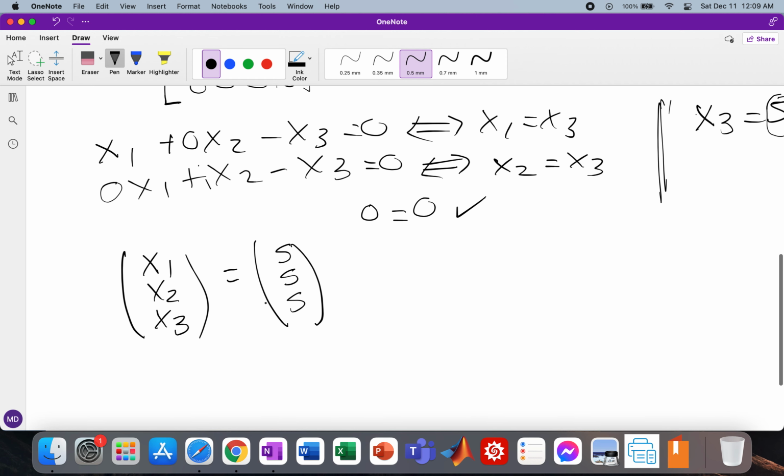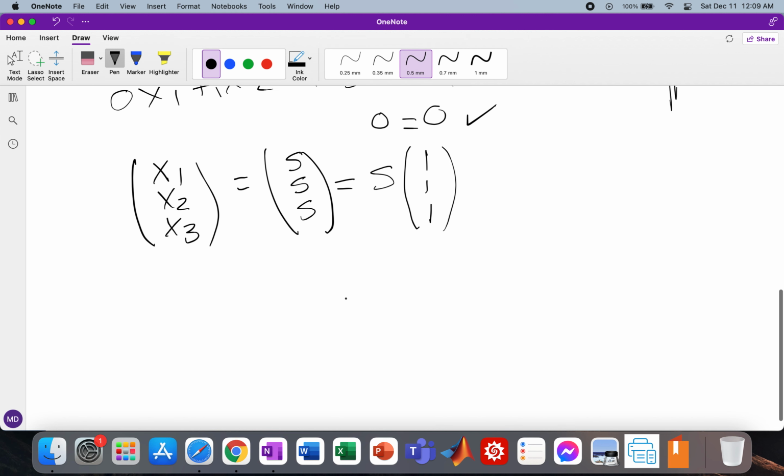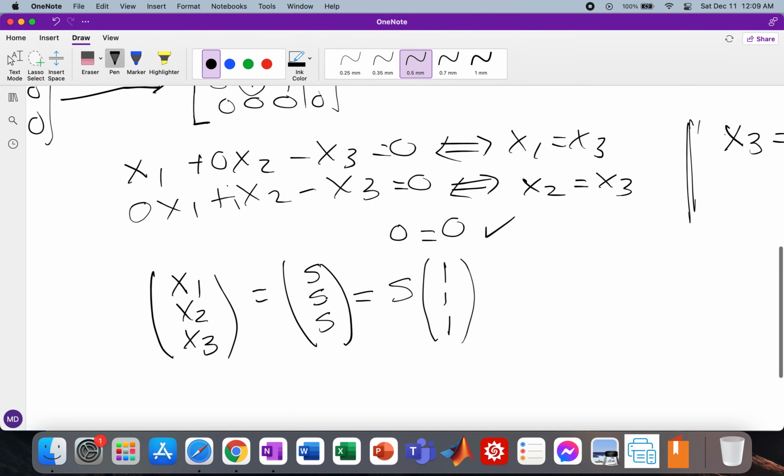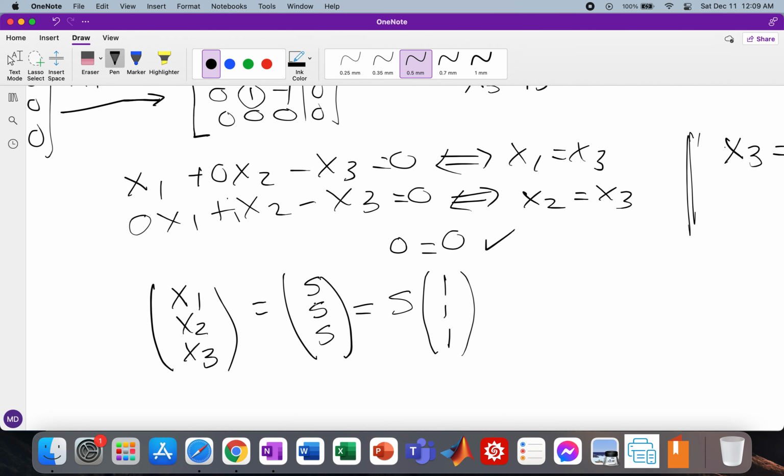So if we factor out s, this tells us x1, x2, x3 is equal to some scalar times the vector 1, 1, 1. So this might be confusing. If someone tells you what's the solution to this equation, what this means is that your solution x1, x2, x3 is just any number times this vector here.